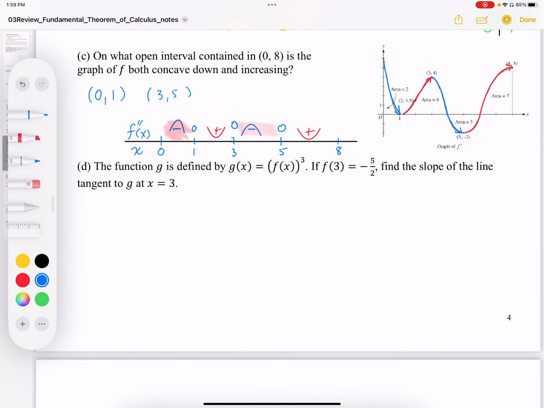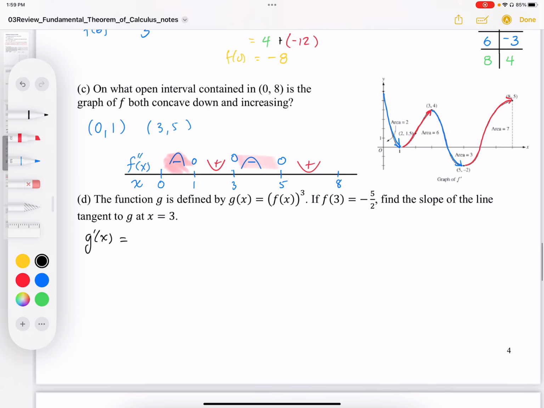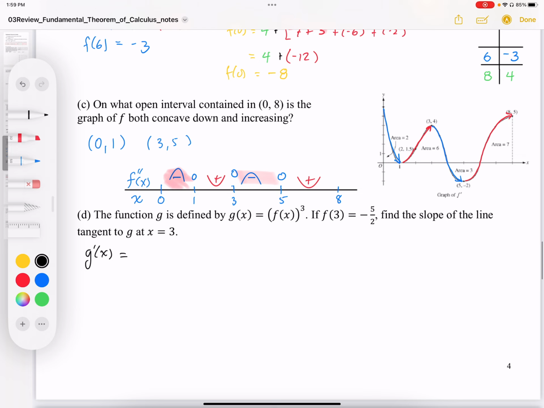Now, lastly, we have this function g of x. It's defined by f of x cubed, so we're going to have to differentiate notation here because we want the slope of g at x equals 3. So that means I want to find g prime. Okay, so some function g is described with some embedded function f.